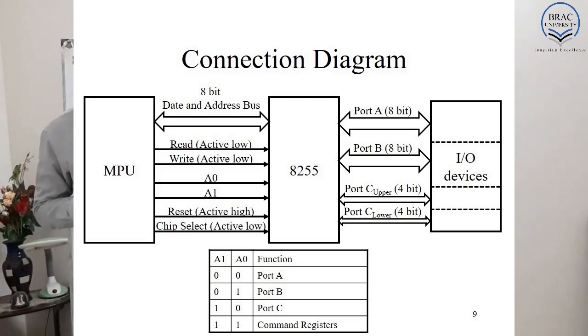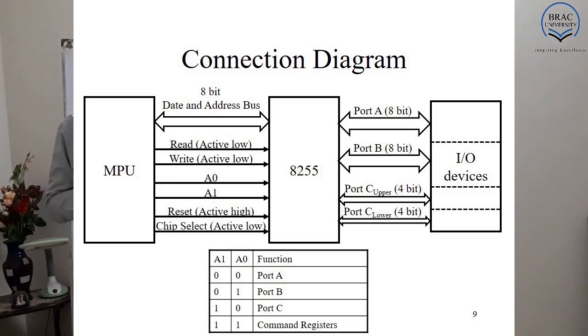And there are another 2 pins, A0 and A1. These are mainly used for selecting the port. We have 3 ports here, port A, port B, port C. So if A0, A1 is 00, then it's selecting A, then B, then C. There is another configuration, 1, 1.